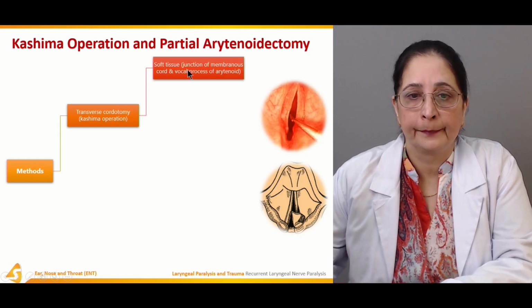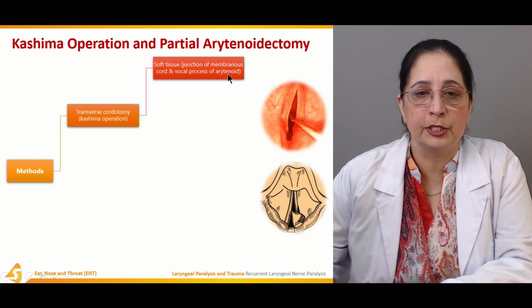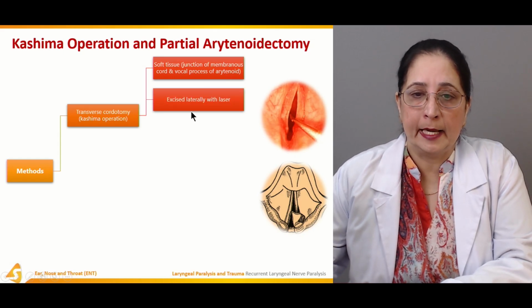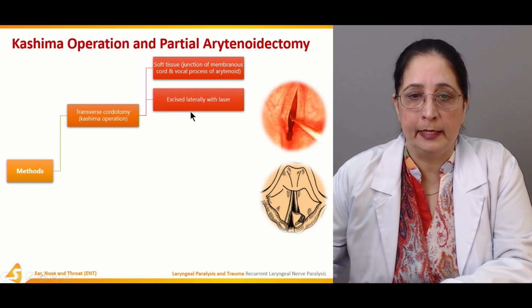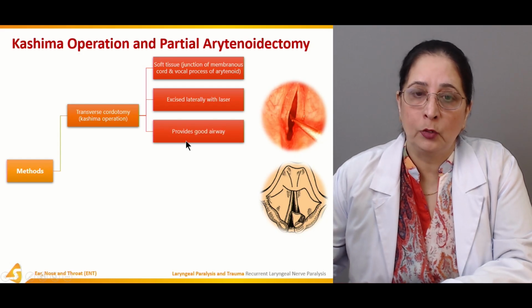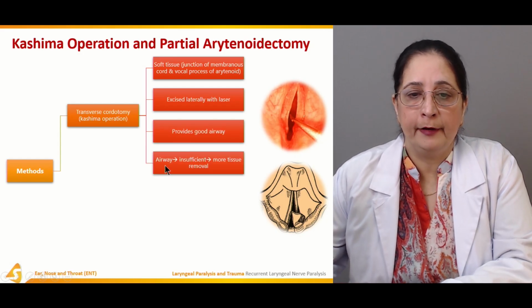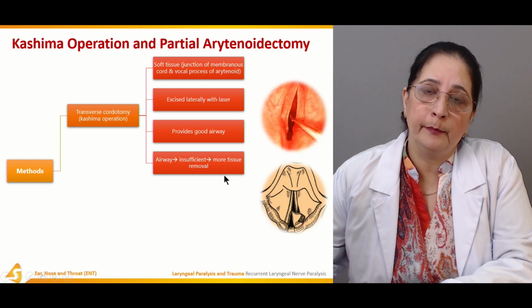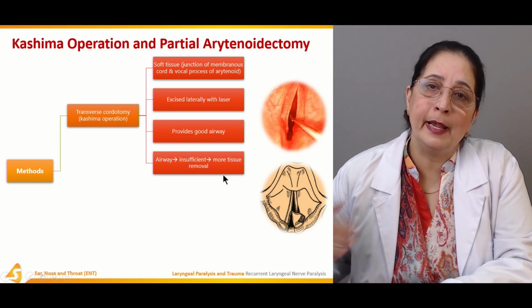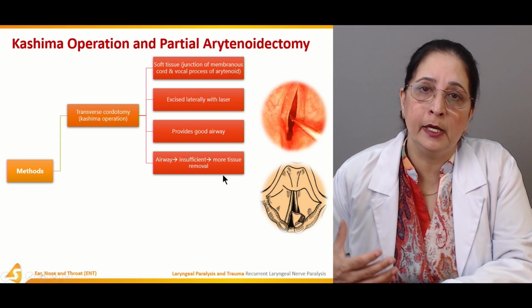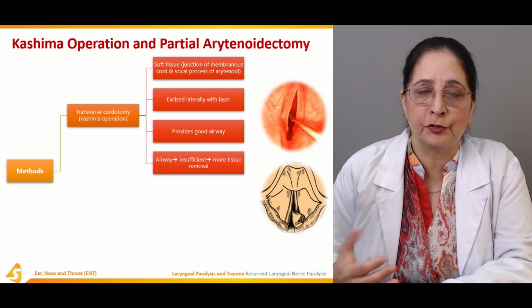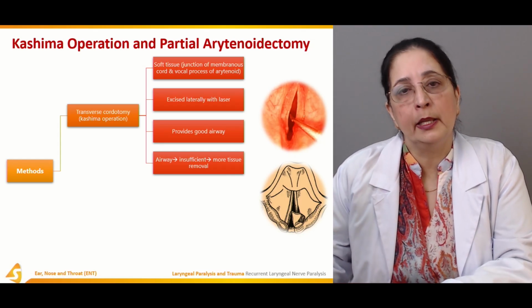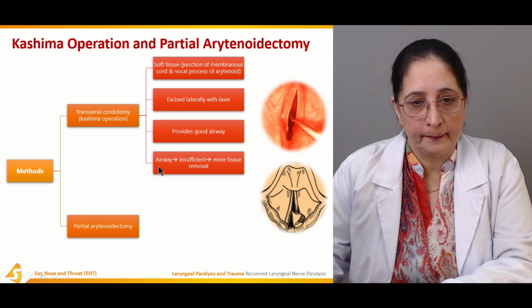Soft tissue at the junction of the membranous cord and vocal process of the arytenoid is excised laterally with laser, which provides a good airway. If the airway is insufficient, more tissue is removed depending on the condition of the airway. If it is more obstructed, more blocked, then more tissue is removed.